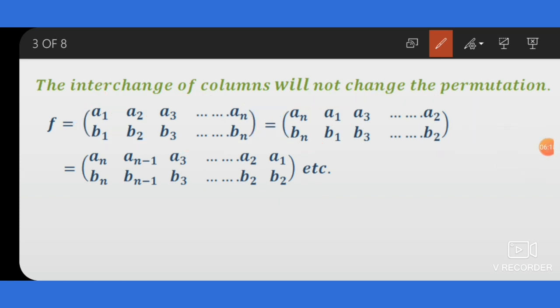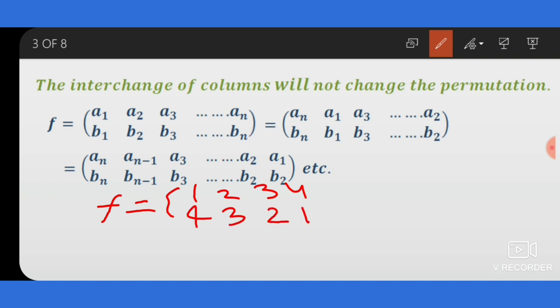For example, permutation f equal to (1, 2, 3, 4 in the first row and 4, 3, 2, 1 in the second row) is a permutation of degree 4.